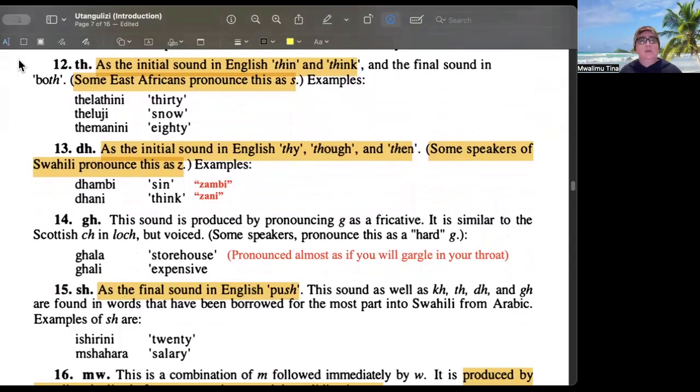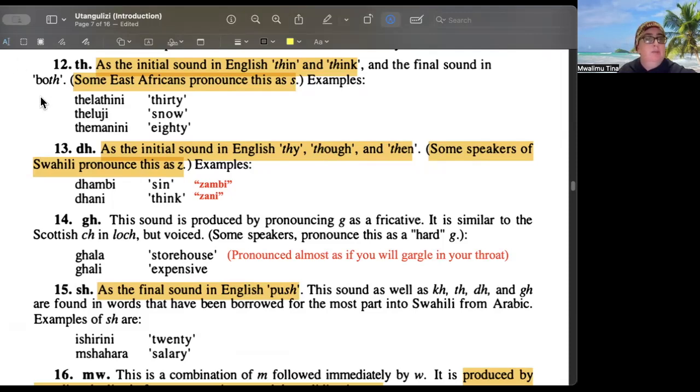Next, we have the letters TH, th. Some East Africans pronounce this as S. So rather than th, like thin and think, it would be s, like sin and sink.